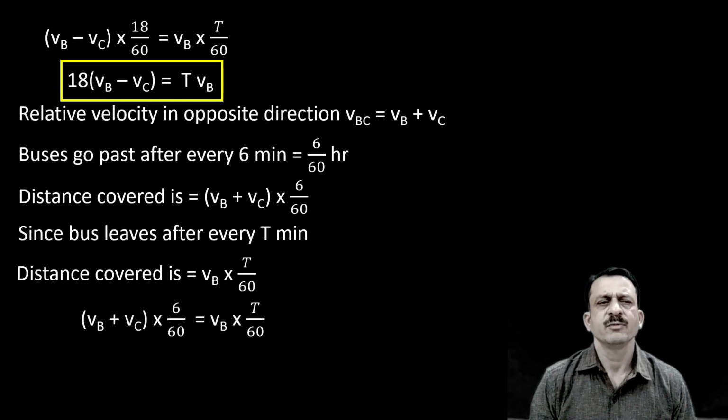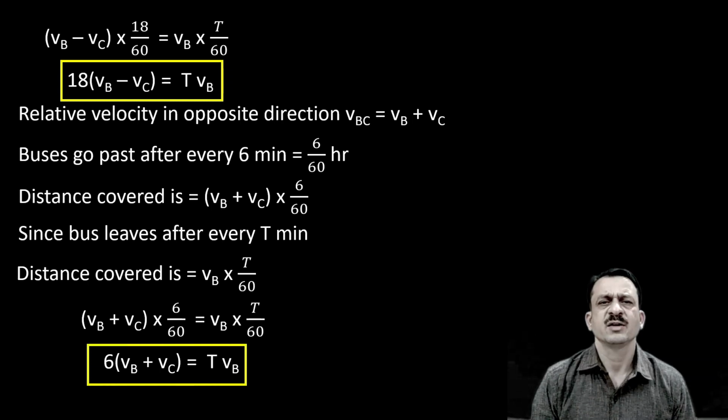Therefore, we will equate them. We will get (VB plus VC) into 6 by 60 is equal to VB into t by 60. Now 60 gets cancelled. Therefore on simplification we will get 6 into (VB plus VC) is equal to t into VB. Now we get another equation for the second case.